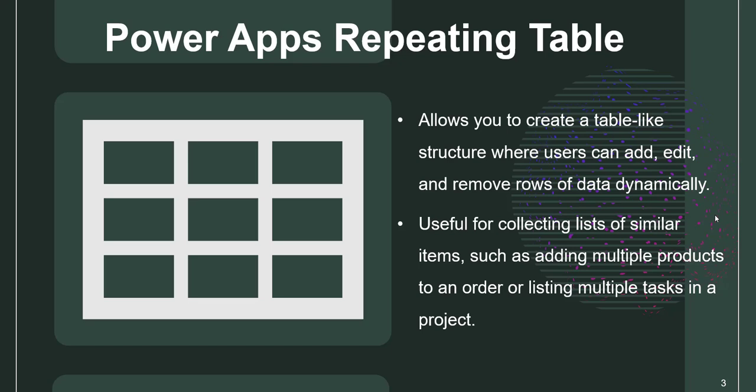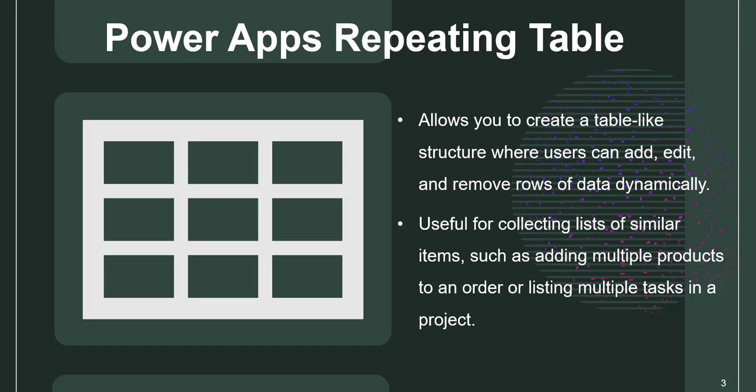It creates a table where each row can contain multiple controls like a drop down, text box, label, and date picker, and users can dynamically add or remove rows from this repeating table. It is also useful for collecting a list of similar items such as adding multiple products to an order or listing multiple tasks in a project.